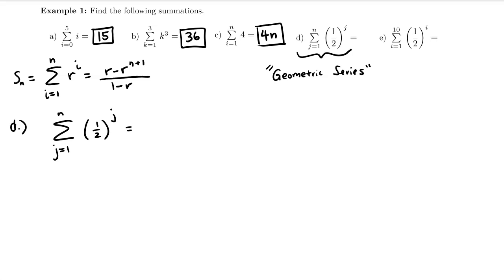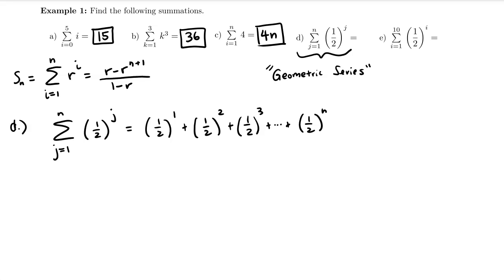So if I were to expand this out, this would be the same thing as 1/2 to the first power plus 1/2 to the second power plus 1/2 to the third power plus dot dot dot plus, and then my last term would be 1/2 to the nth power. That would be my last term.